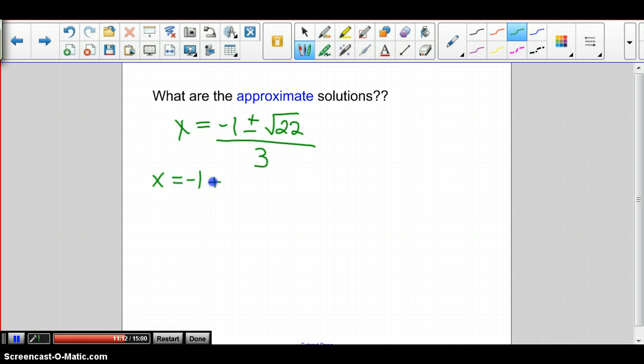Negative 1 plus the square root of 22 over 3. And we also have x equals negative 1 minus the square root of 22 over 3. So now take some time and plug these into your calculator so you can get an approximate solution. You can either round it or truncate it, and we can compare. Okay, take some time.